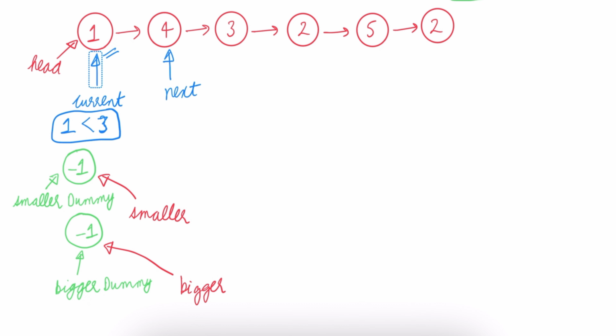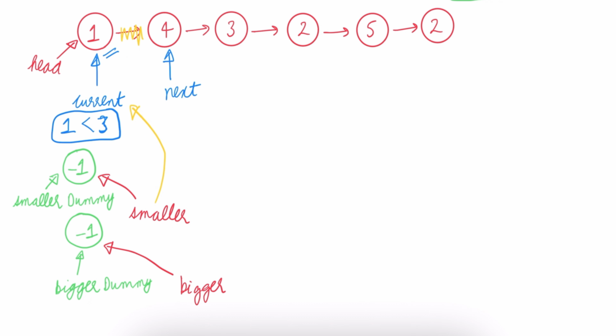So I can set smaller.next as current, and then I can set current.next as null to break the link here. That's why I need to save my next reference as well, because I'm going to update current.next.